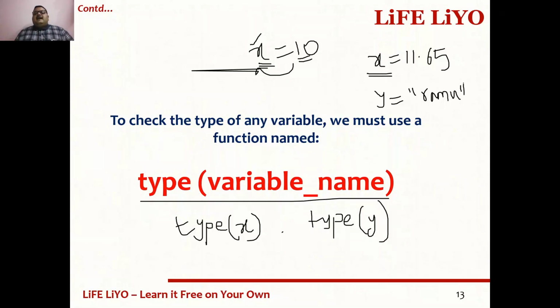For x, I am going to get the answer as integer, and for y, I am going to get the answer as string. So these are mainly useful for reserving some memory for storing values which can be used later or changed in the future in our program.